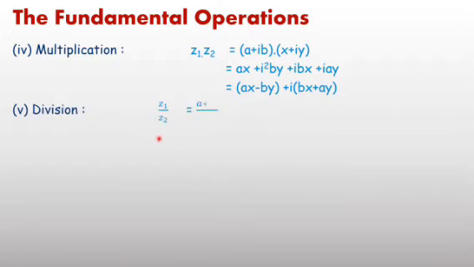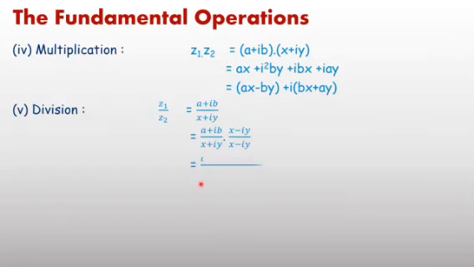Now division of complex numbers, Z1 upon Z2, a plus ib upon x plus iy. Whenever you want to divide one complex number by another complex number, just multiply by x minus iy in numerator and denominator. X minus iy is known as the conjugate. In this topic I will cover it.